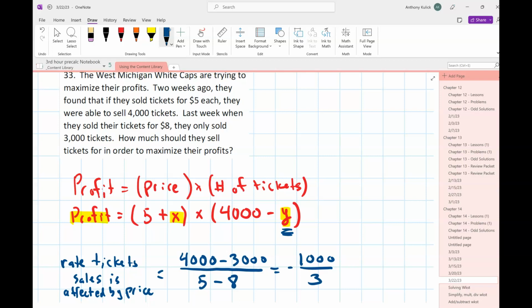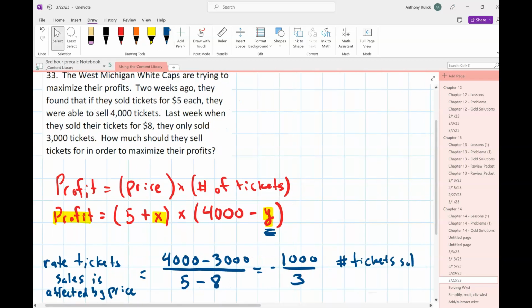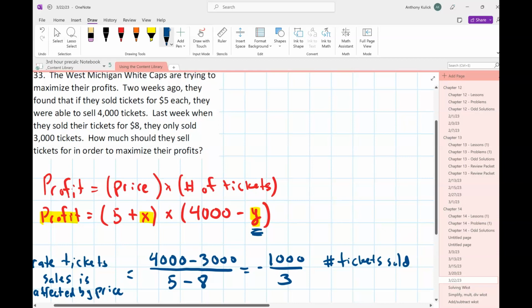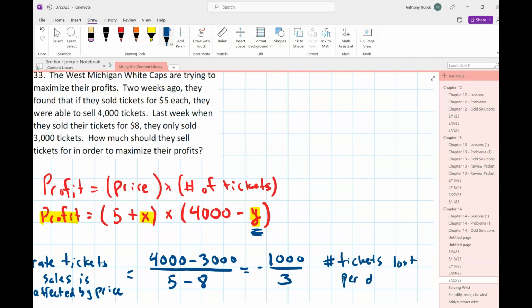So this is the number of tickets sold, or I should say not sold, tickets lost or something, per dollar increase. So that is going to be what I need.